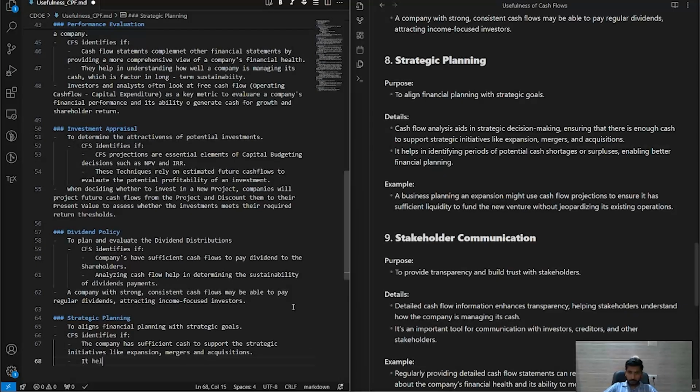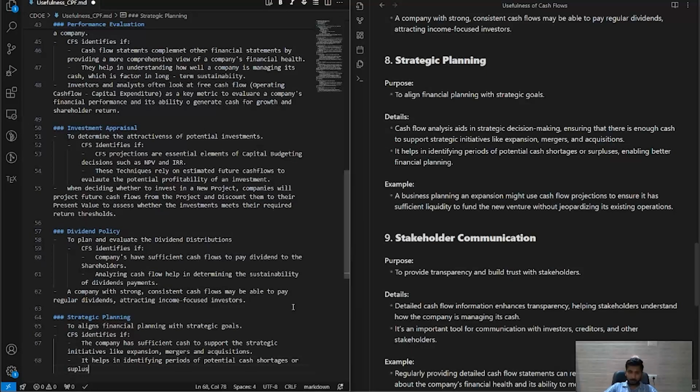Okay. It helps in identifying periods of the potential cash shortages or surplus, enabling better financial plan.